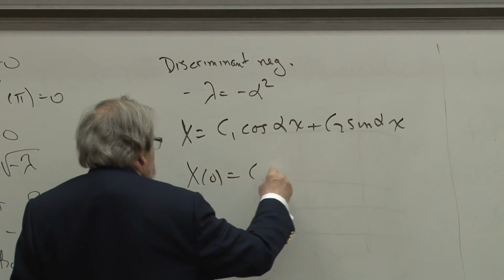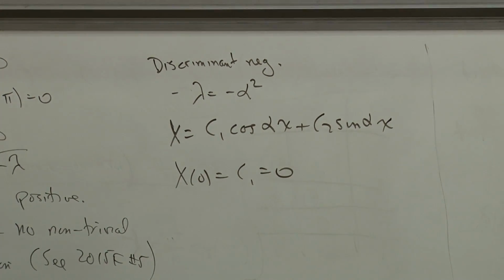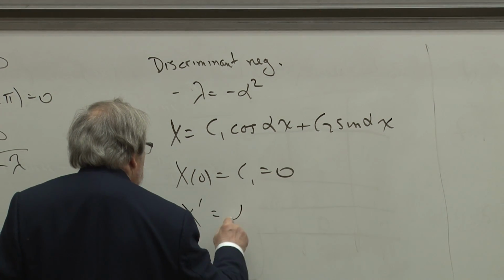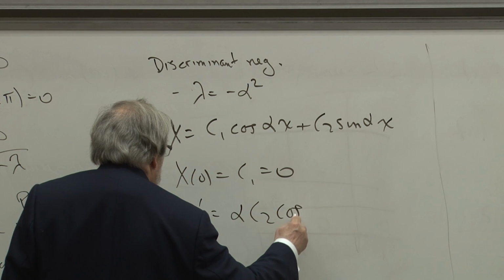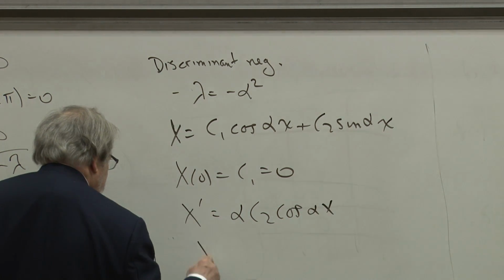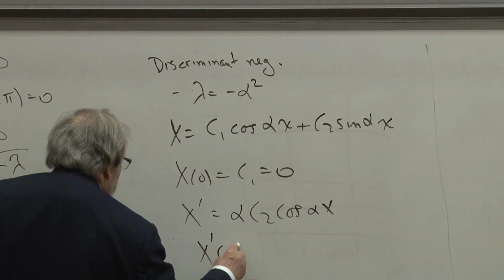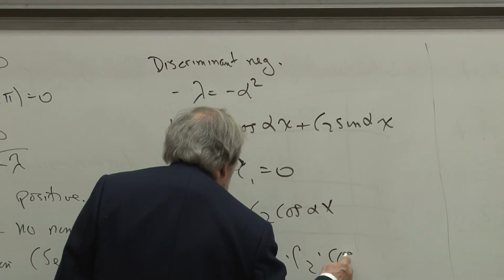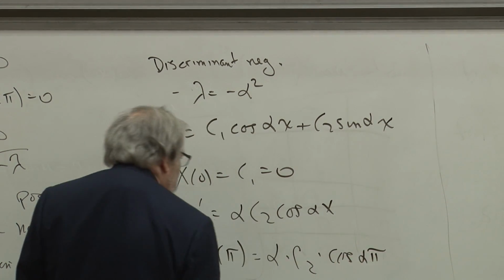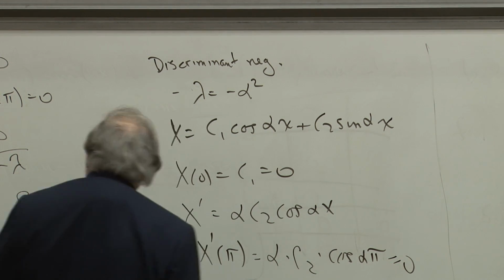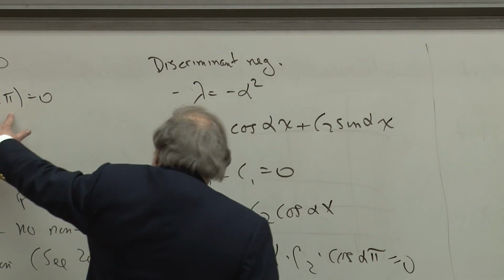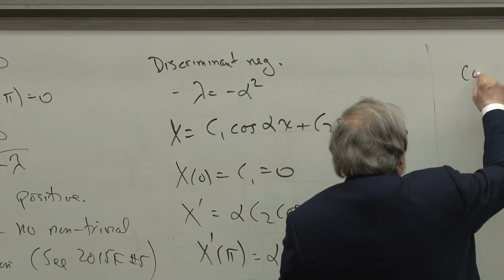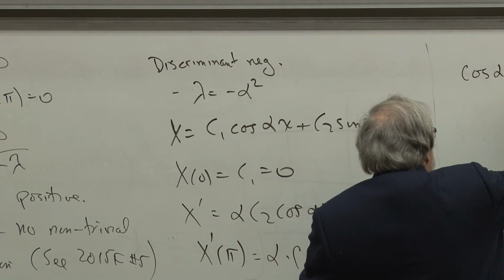X at 0 is C1, that's 0. X prime then is alpha C2 cosine alpha x. X prime at pi, alpha C2 cosine alpha pi equals 0 is the case here. So cosine of alpha pi is 0.